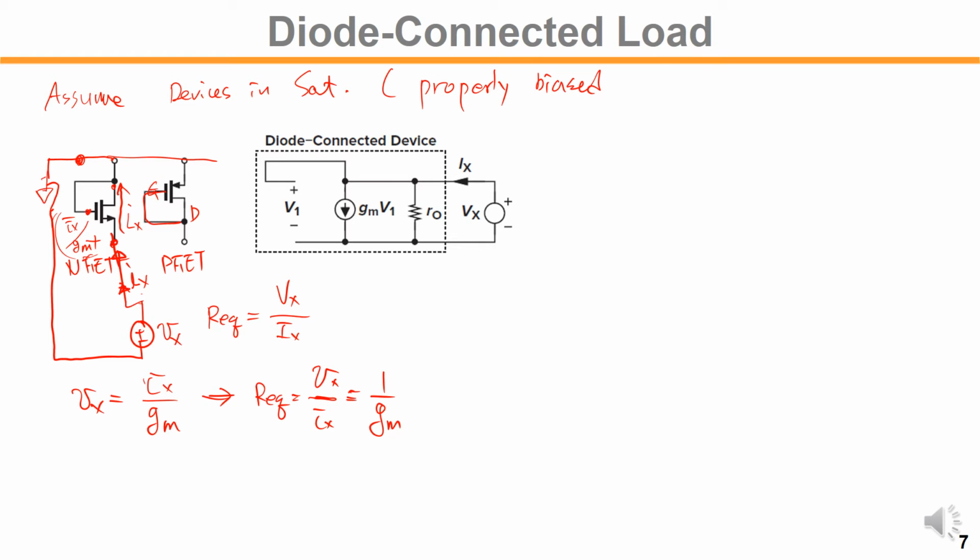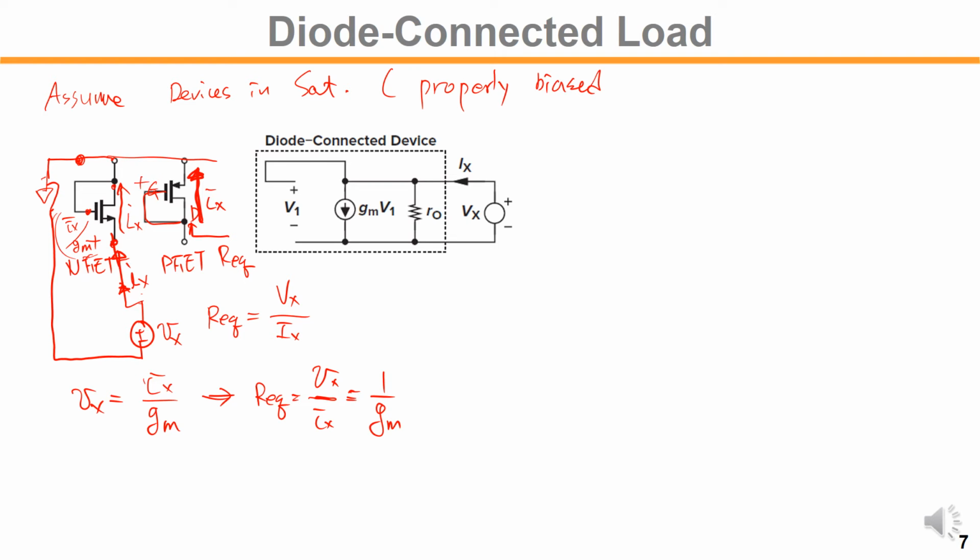Similarly, we can find the PFET equivalent impedance, Req, that is also the same as the NMOS case. If the current direction is from down to up for the Ix, then the voltage variation will be what?